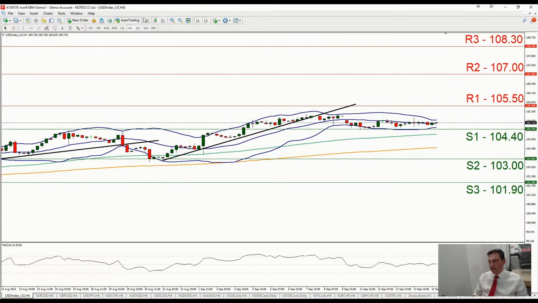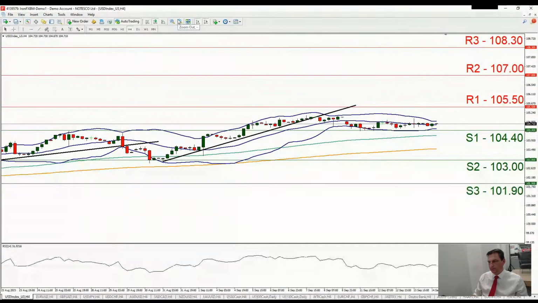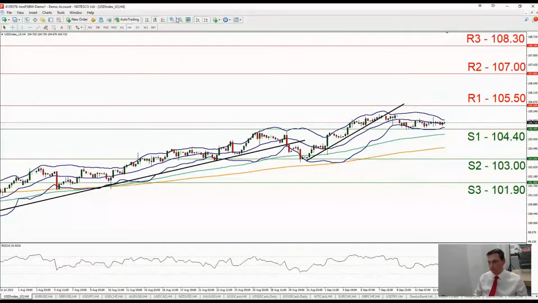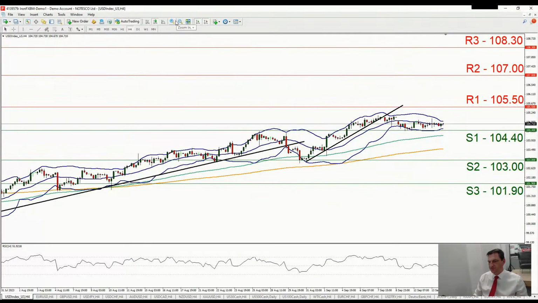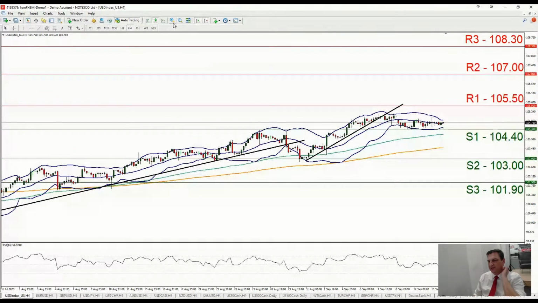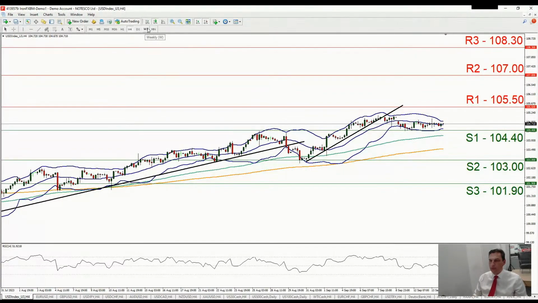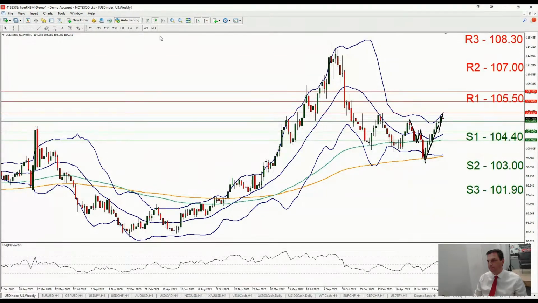Before we move on, allow me to zoom out a little bit. Okay, that's pretty interesting. And let's start the technical analysis part for the US dollar by drilling out from the 4-hour chart into the weekly chart, 1 week chart if you prefer.